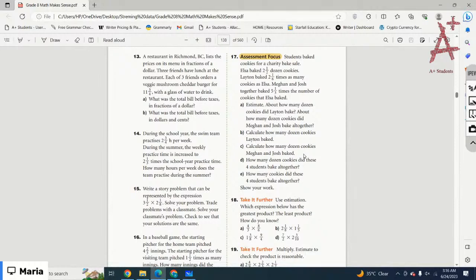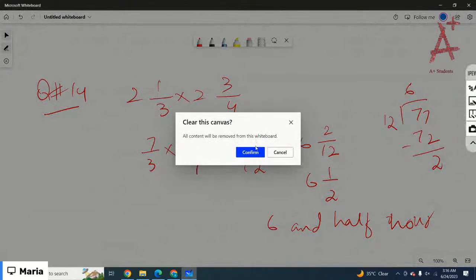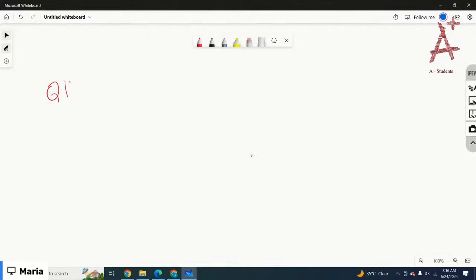Got it? So let's just read the question again. Elsa baked 2 whole 1 over 2. Okay, let me just write down question number 17. So Elsa baked 2 whole 1 over 2.